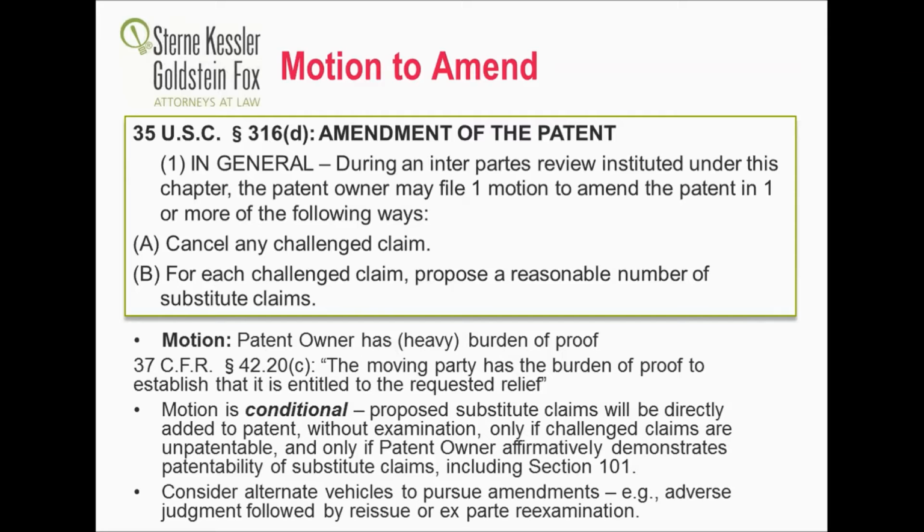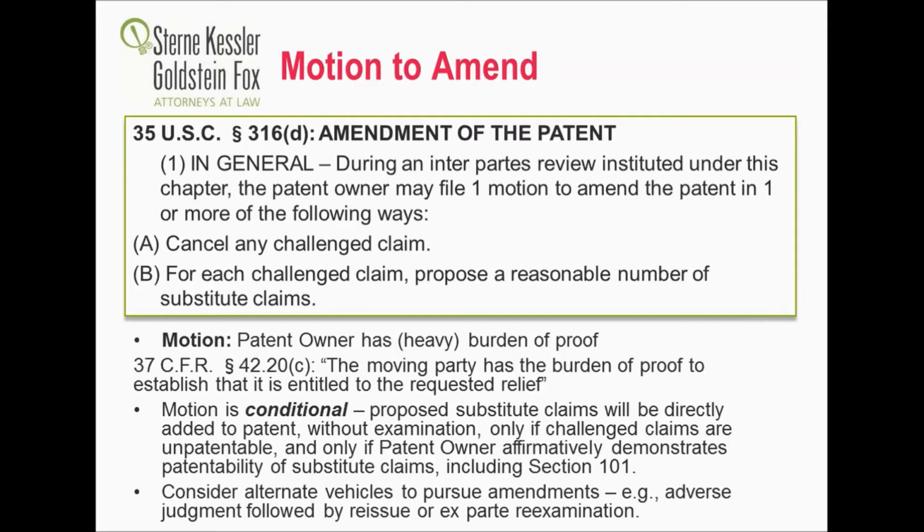And before we get into all of the things you need to do to show that you're entitled to this relief, I think a lot of parties are viewing these inter partes review proceedings as not being the ideal place to amend claims. So, if you're a patent owner and you think your claims are probably going to fall in view of the petition, you may want to consider alternate vehicles to pursue amendments, such as an adverse judgment followed by a reissue application, or perhaps a patent owner-initiated ex parte reexamination.